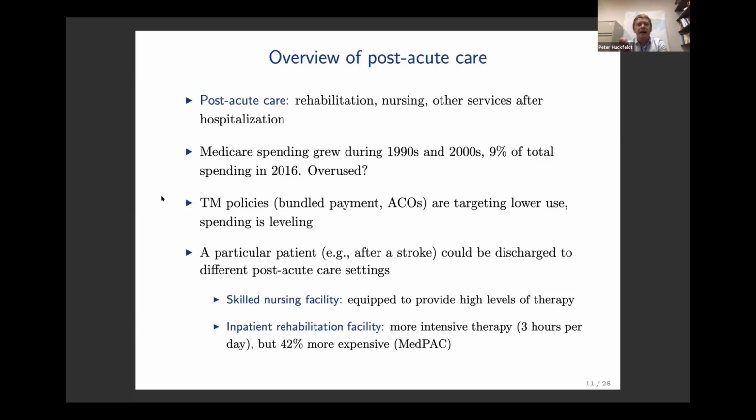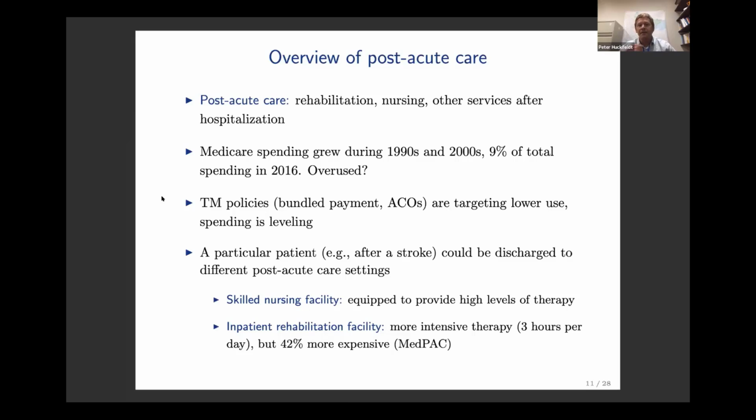So this paper is really focused on institutional post-acute care. A key thing is that a particular patient, for example a stroke patient, could be discharged and receive somewhat comparable care in different post-acute care settings. One setting is a skilled nursing facility, and these facilities are equipped to provide pretty intensive levels of therapy.